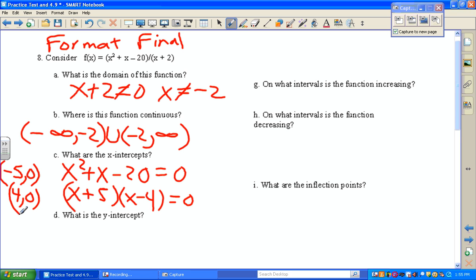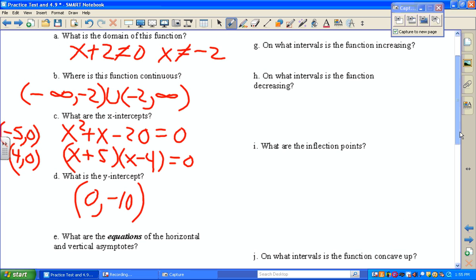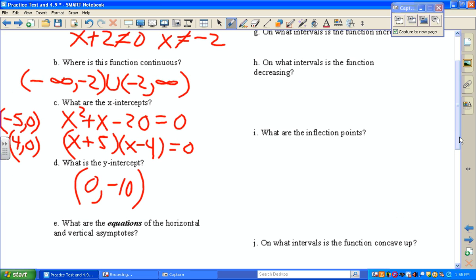Y-intercept, when you put in 0, you get out negative 10. So far, so good? The y-intercept is where x equals 0.